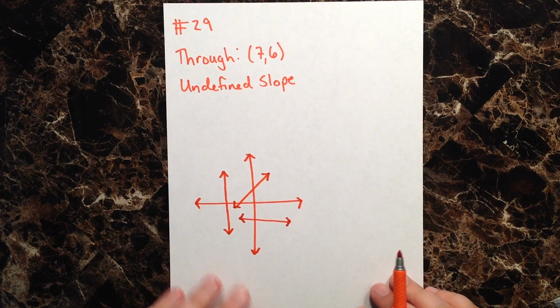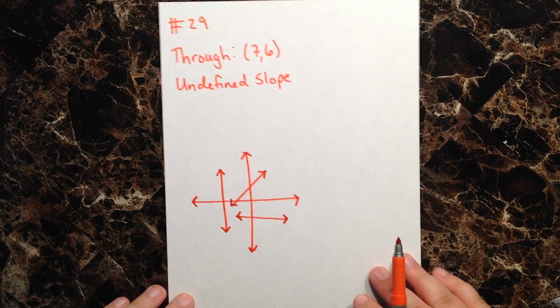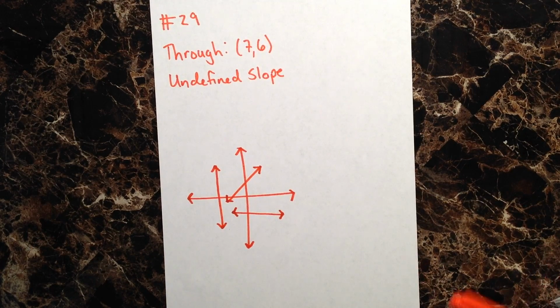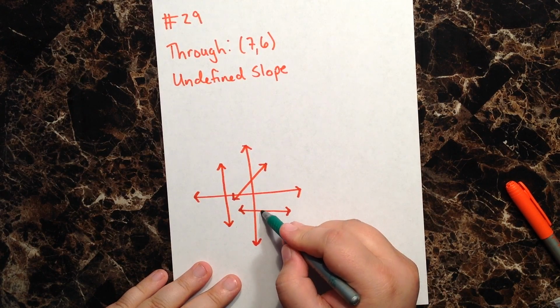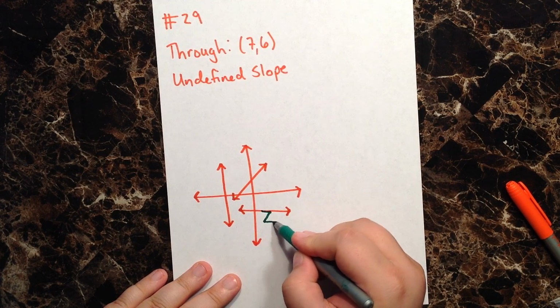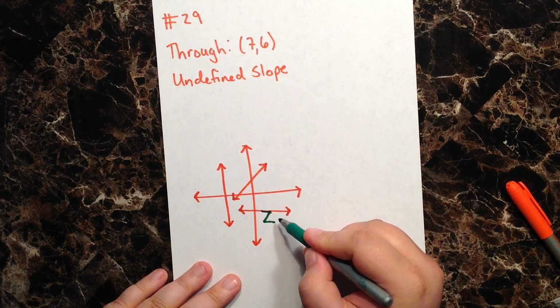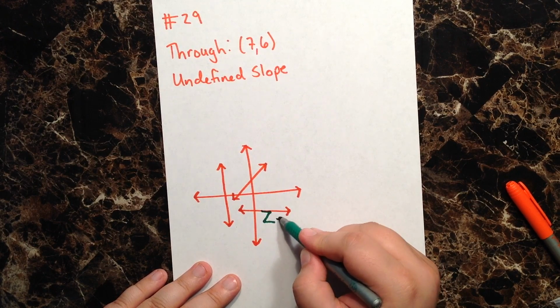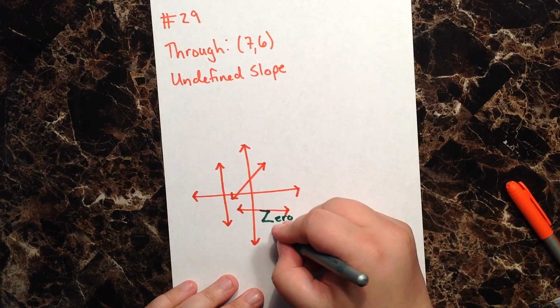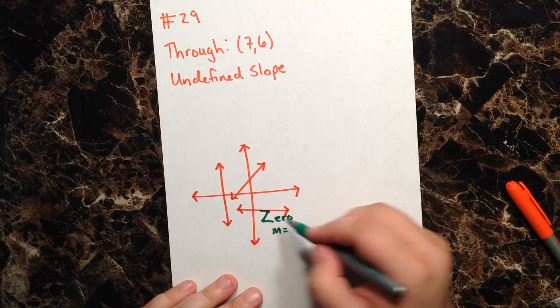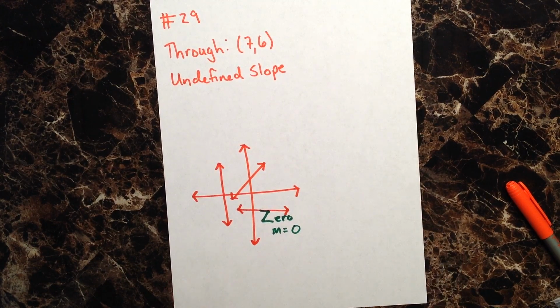They go off on some degree like that. Well, it's easy to remember what type of slope horizontal lines have because I can make a z out of the line, and z stands for 0. So the slope of horizontal lines are 0.